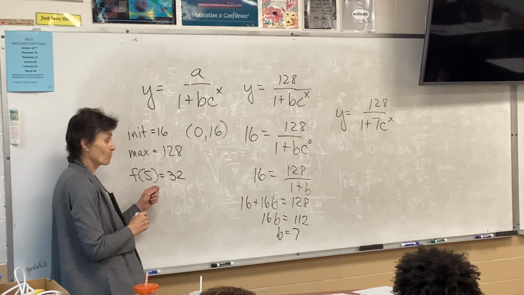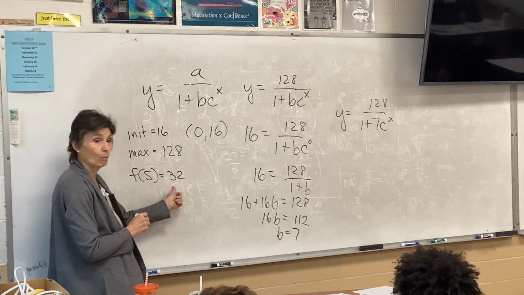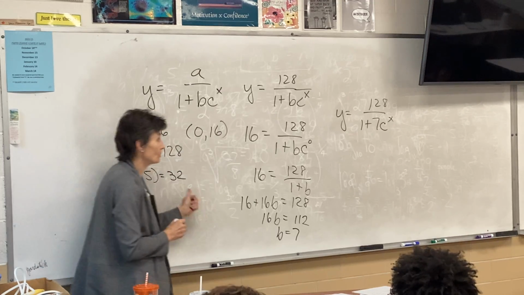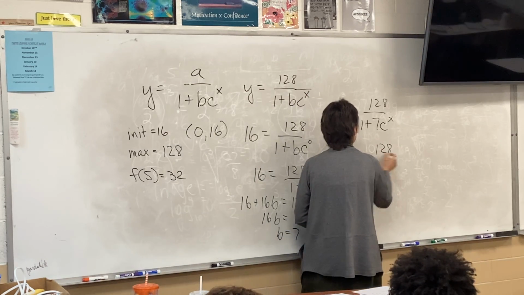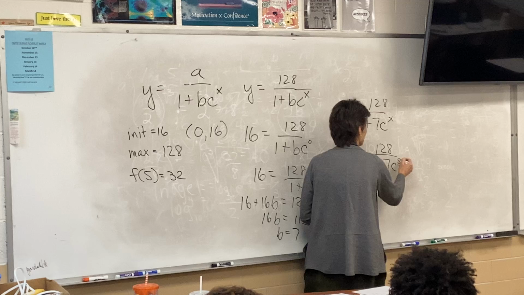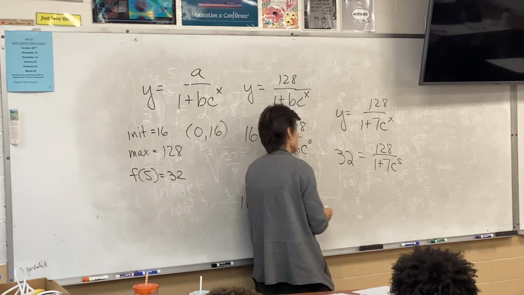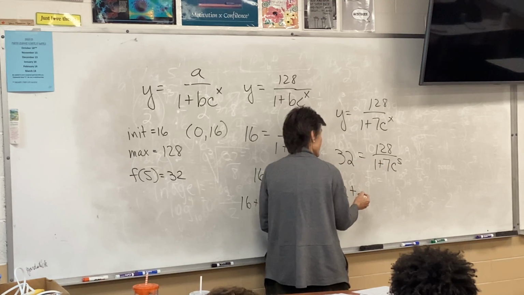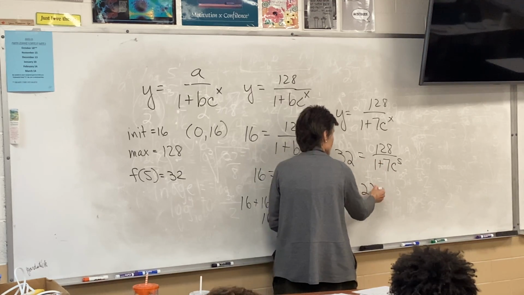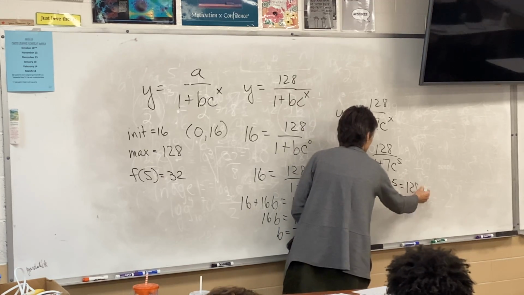So now I'll take my random point, which says if x is 5, y is 32. So 32 equals 128 over 1 plus 7, c to the 5th. So bringing this over, 32 plus 224, c to the 5th equals 128.